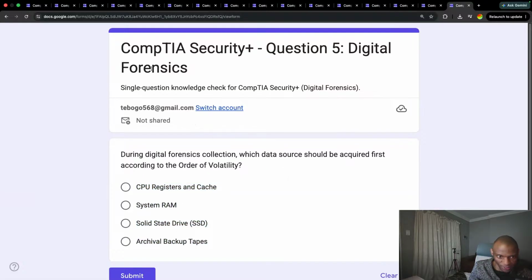All right, this question is about digital forensics. So let's go through the question. It says here, during digital forensics collection, which data source should be acquired first according to the order of volatility? So basically what they're asking here is when there's an investigation by the forensics, which data source should be collected first based on the order of volatility?